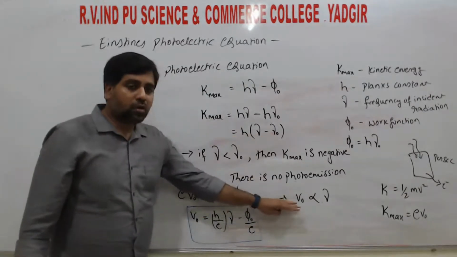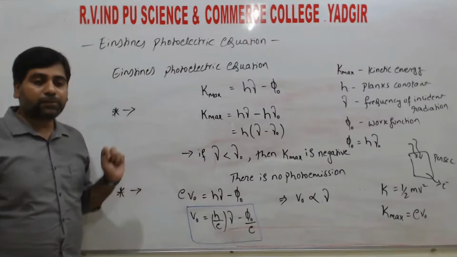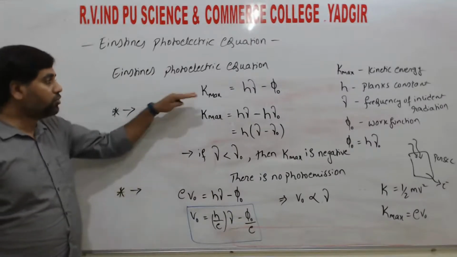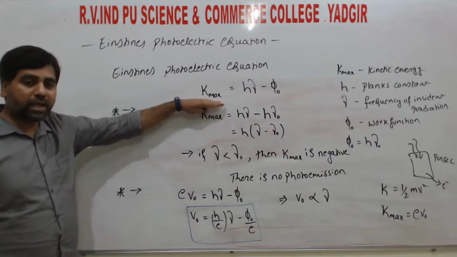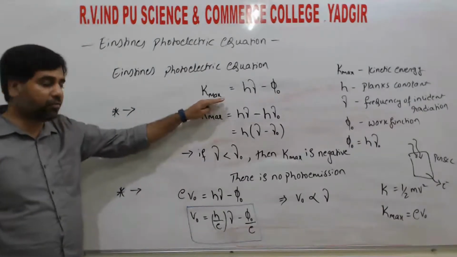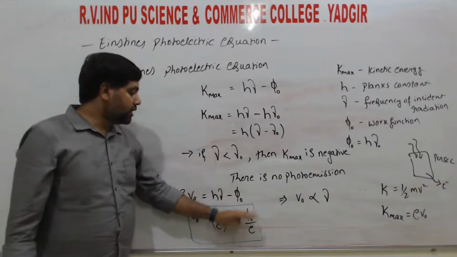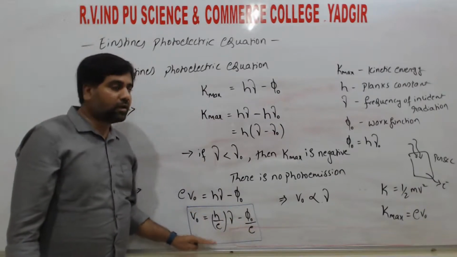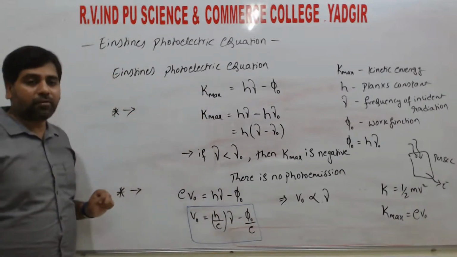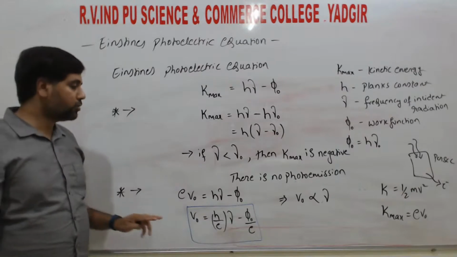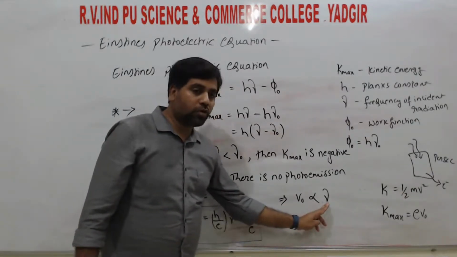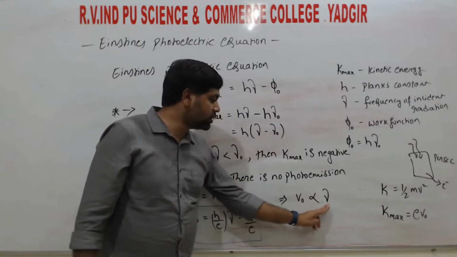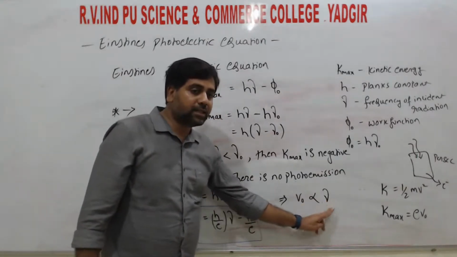These explanations we already gave in the experimental method. By using Einstein's photoelectric equation, we are giving the same experimental observations in terms of these equations, right? So this shows that the stopping potential depends on the incident light.